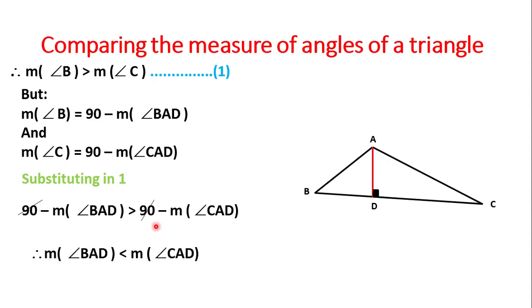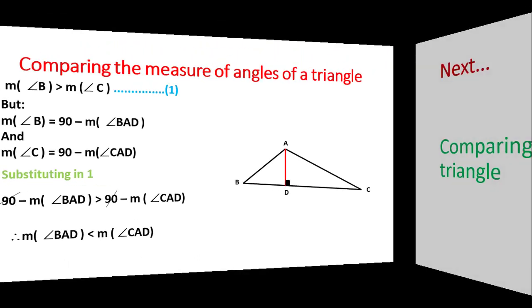To get only measure of angle BAD, not negative, I'll multiply by -1 both sides. And in inequality, if you multiply or divide by a negative number, you should change the sign. So measure of angle BAD is less than measure of angle CAD, and that's what we want to prove.